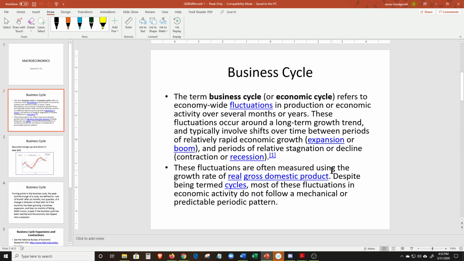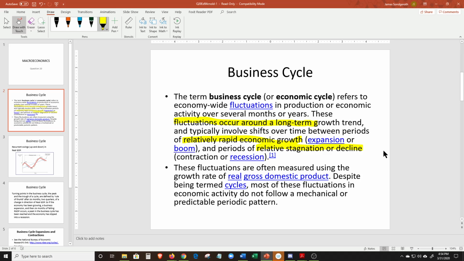So let's take a look at this. They do include fluctuations around a long-term growth trend, and we're going to see that in the next one. And they are shifts between relatively rapid economic growth. I don't know about the rapid part, but I would say growth in periods of relative stagnation or decline.